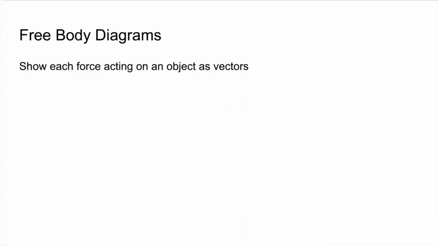Now we're getting into free body diagrams. These let you know all the forces acting on an object and approximately how strong those forces are. Free body diagrams show each force acting on an object as vectors. So this is similar to what we saw in the previous video, except instead of velocity vectors, this time we're dealing with force vectors.